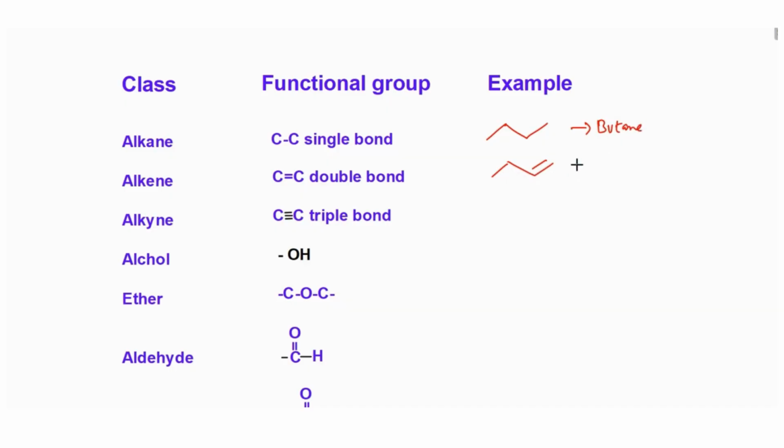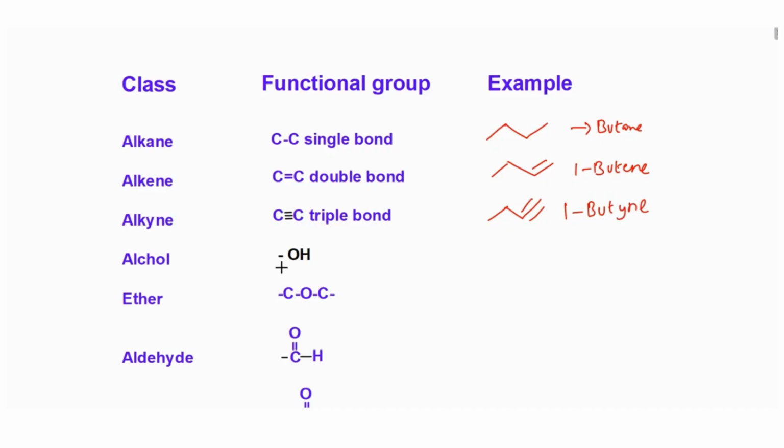You see, this is 1-butene because it contains 'ene', alkene. Now alkyne: why do you call it that? Because it contains a triple bond. For example, like this, I put a triple bond. So this is propyne.